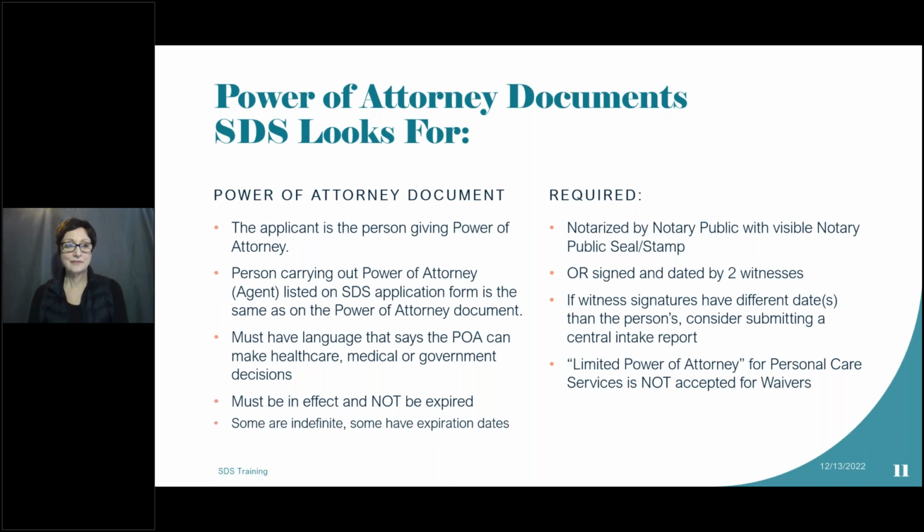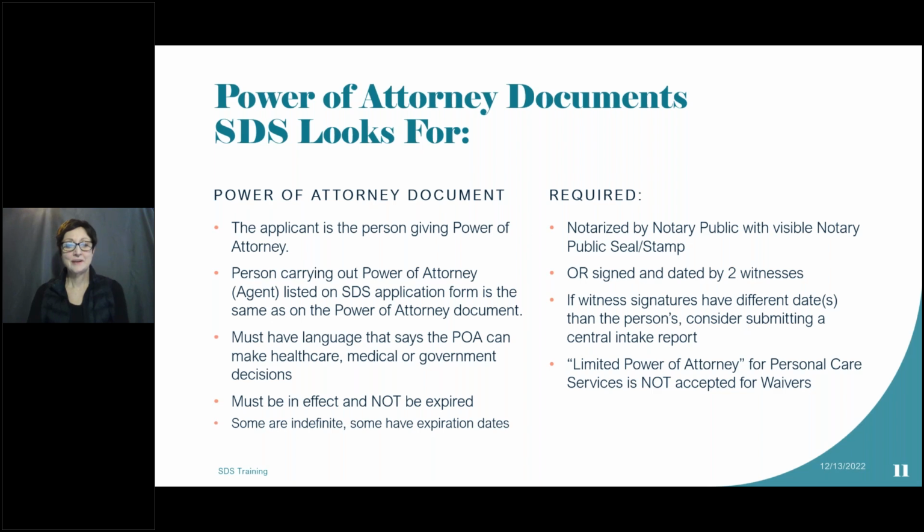So what does SDS look for in power of attorney documents? A power of attorney document is where the applicant for waiver services is giving the person power of attorney. We need to see that they're the person giving it.